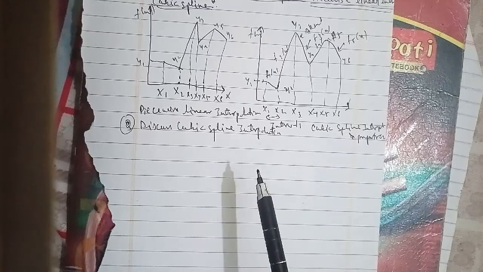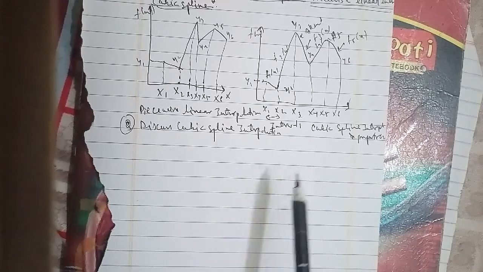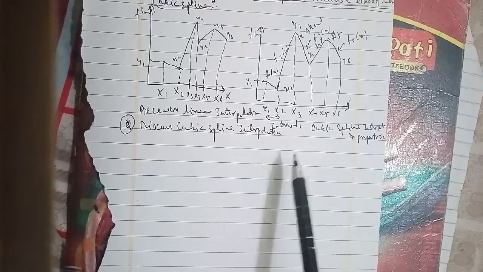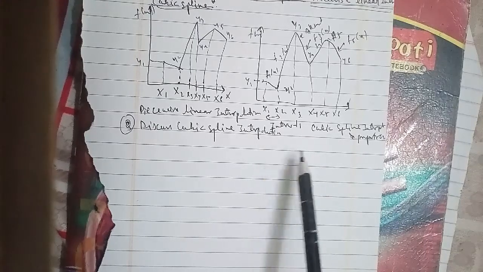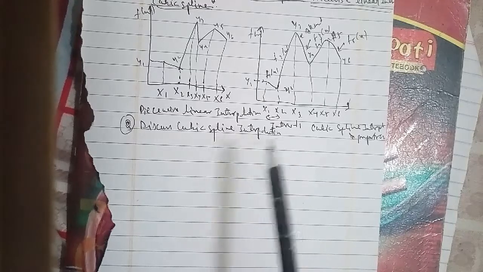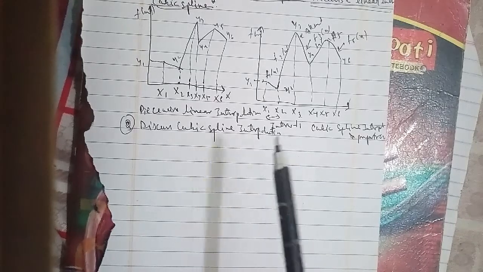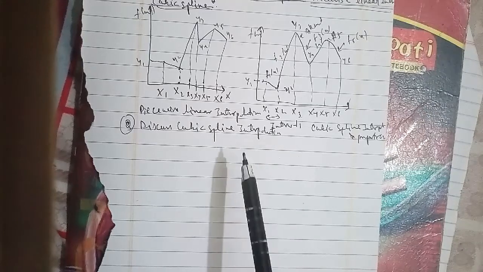Here, except the two extreme points, x1 and xn, the other points are coordinates, so x2, x3, x4 till xn-1 are not shown here. For these data points, I'm going to draw with a different pen so that you will get to know about it.